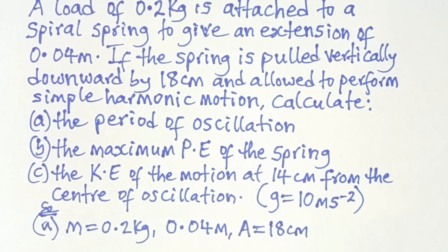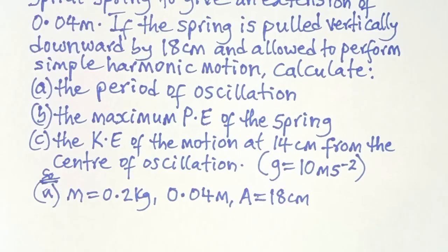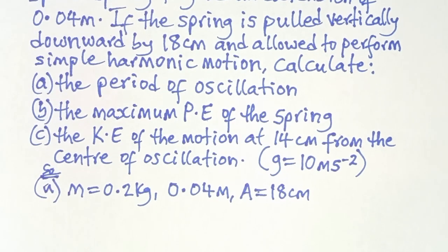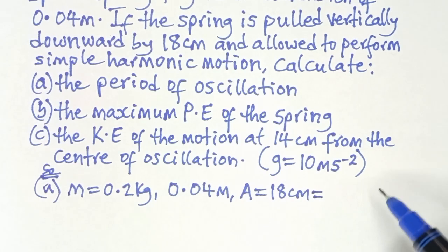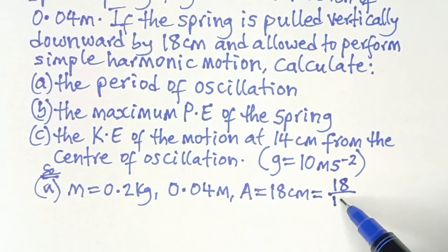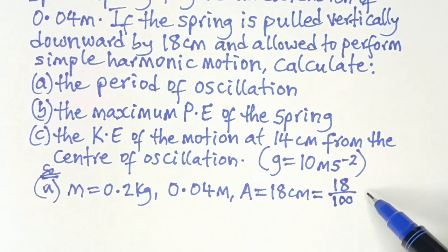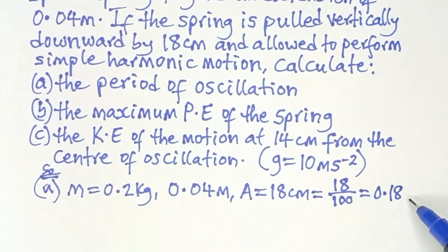Now, we are to express it in meters, which is the SI unit of distance in physics. To convert centimeter to meter, you divide by 100. And that will give us 0.18 meter.